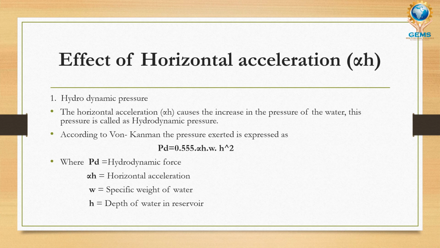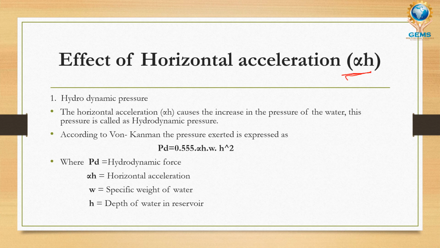In the previous slide, I explained the vertical acceleration generated by the earthquake forces and its components, given by the formula I explained. In this slide, we are going to see the effect of horizontal acceleration, which is also induced by the earthquake forces. This horizontal acceleration is generally denoted as alpha h.